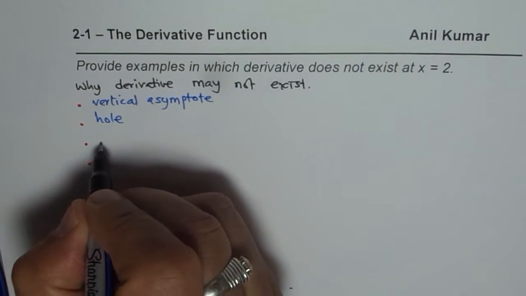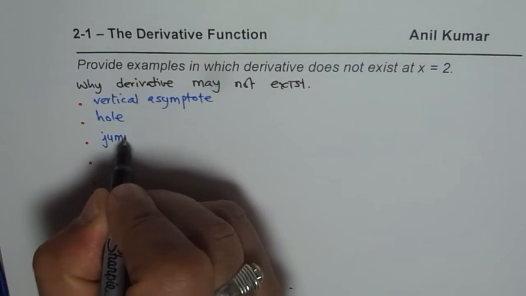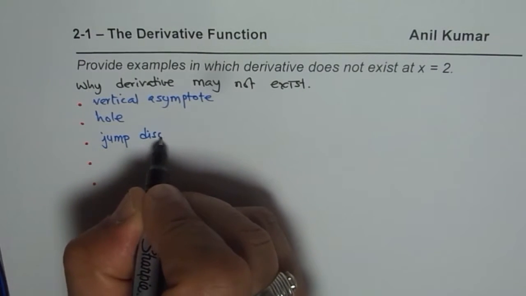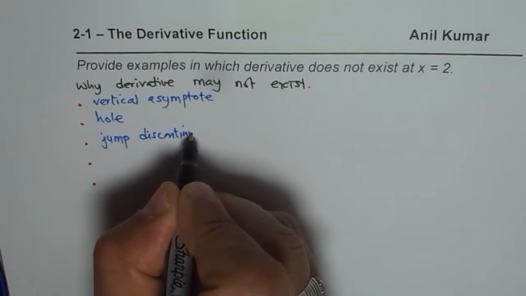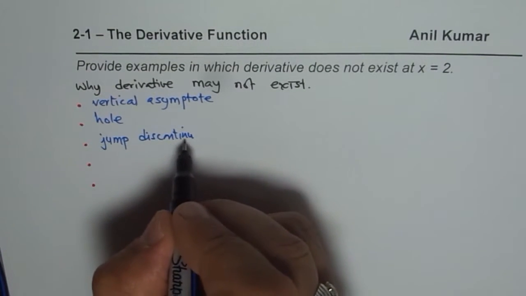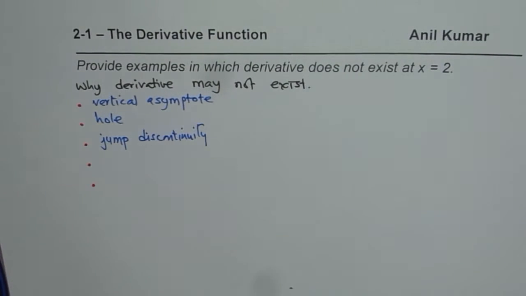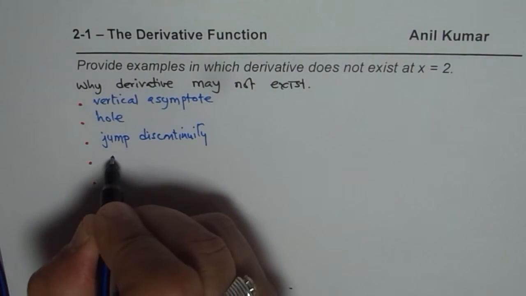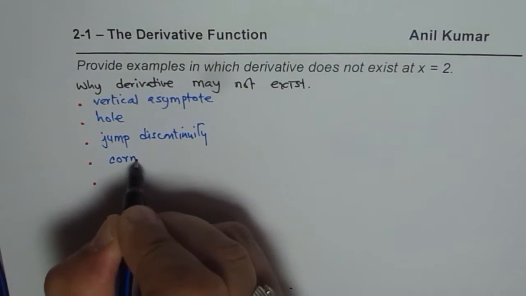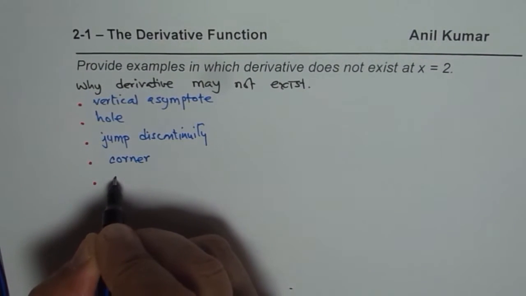And then we could have discontinuity, kind of jump discontinuity. Now the function can be defined at this point, but still the derivative may not exist, jump discontinuity. And the other examples are, we could have a corner, or we could have a cusp.